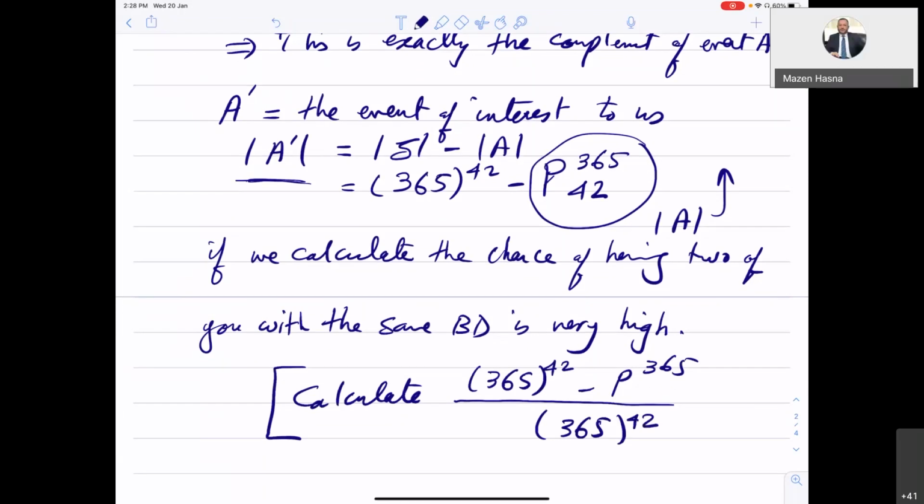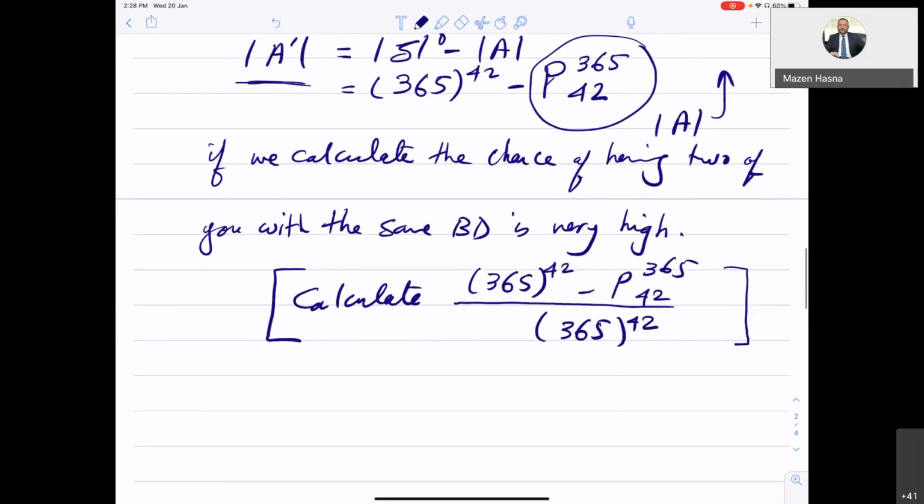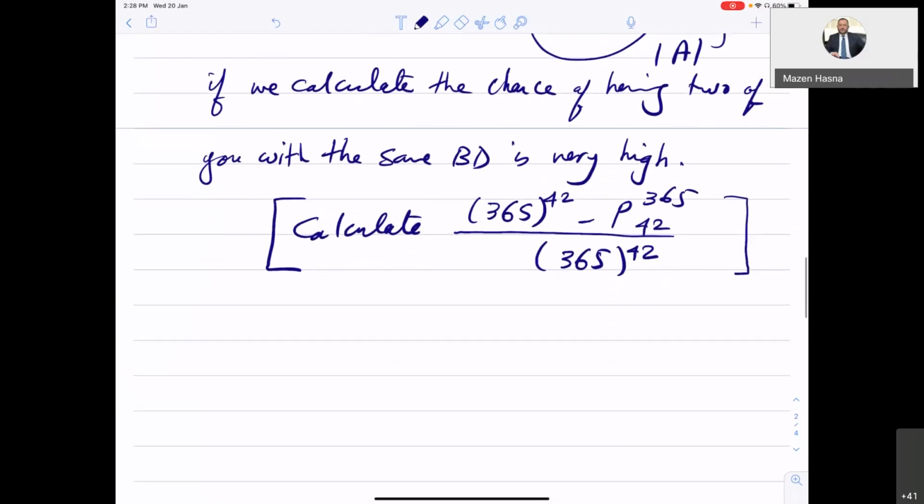Now calculate this. This will be around 0.8, 0.85, 0.9, I don't know. Because the first part is 1 minus the permutation of 365 over 42 divided by 365 to the 42. Just calculate this, someone, and you can revert back to us next time.